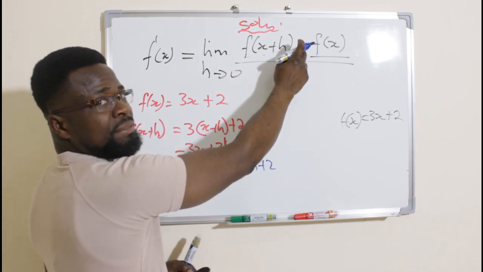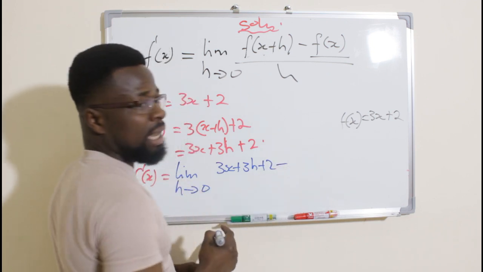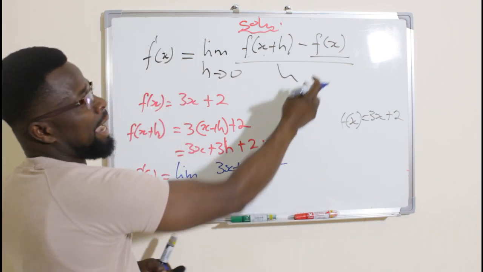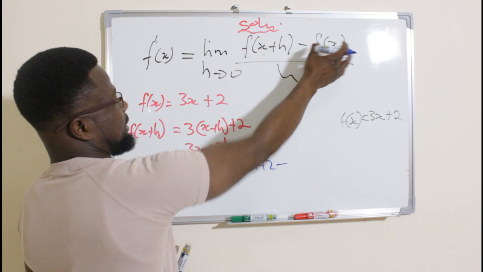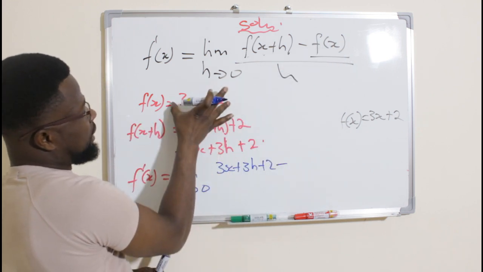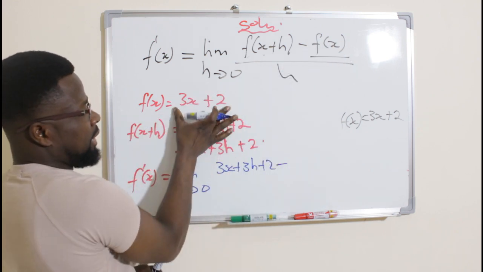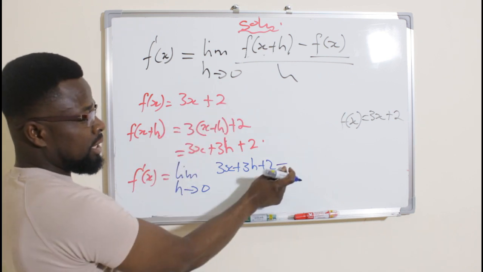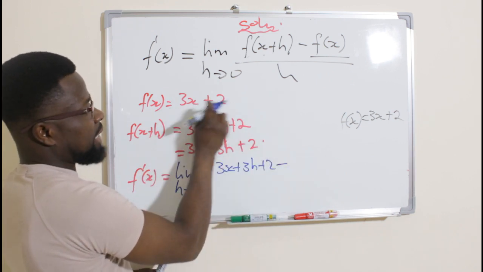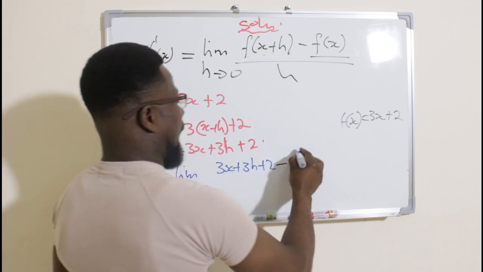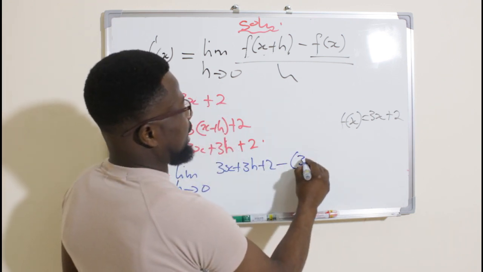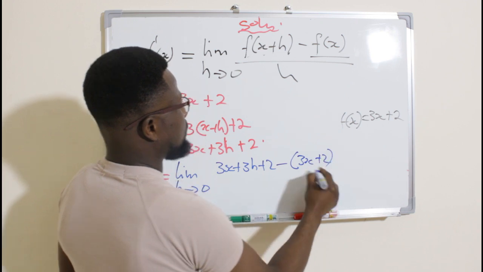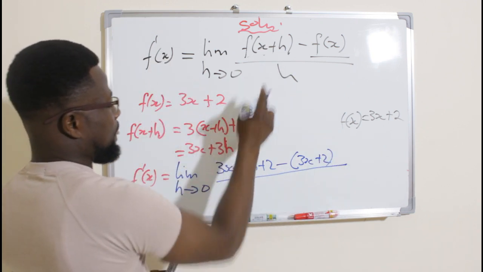There is a negative sign, so I put in the negative sign. The next thing I have is f of x, and f of x is given here. Remember, these are two terms, therefore I need to open brackets because this negative sign affects each of the terms. So I open brackets and write 3x plus 2, all over h.